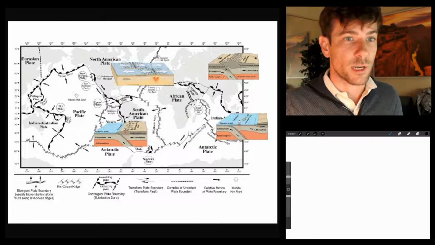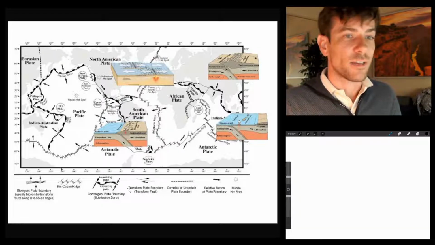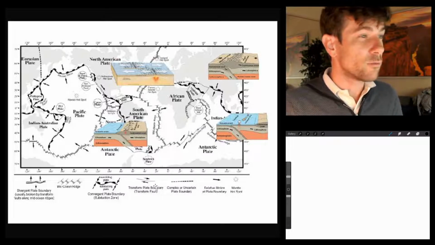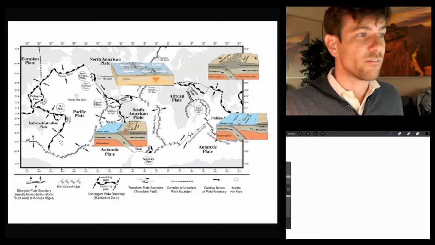Somalia will basically just rip off the side of Africa and kind of come down this direction. That is actively occurring, and there's lots of volcanism in the East African Rift Zone. There's also really, really deep lakes, Lake Victoria, very, very deep lakes.